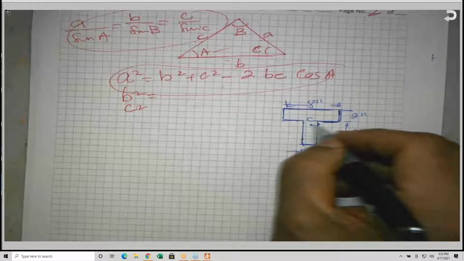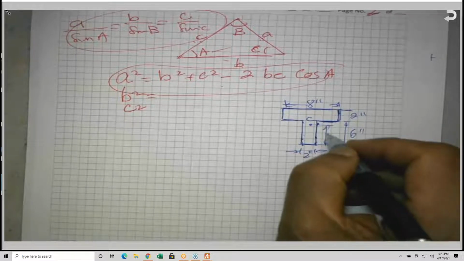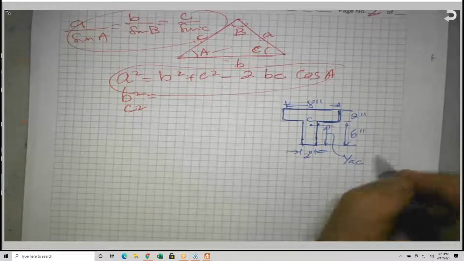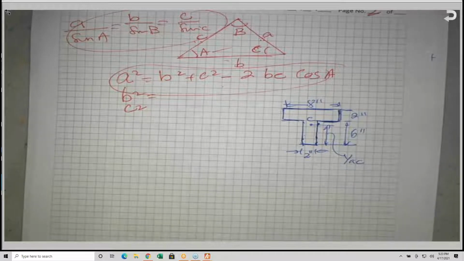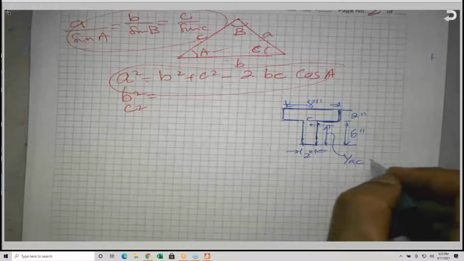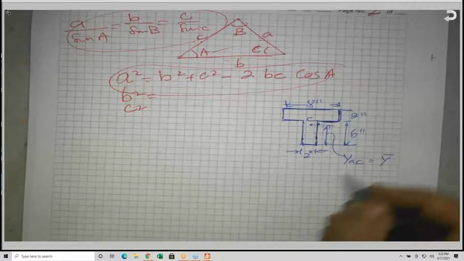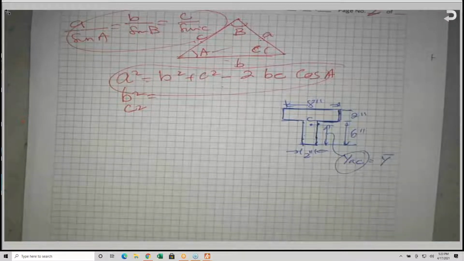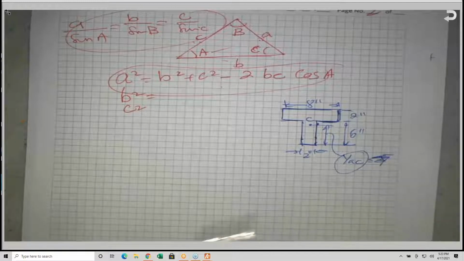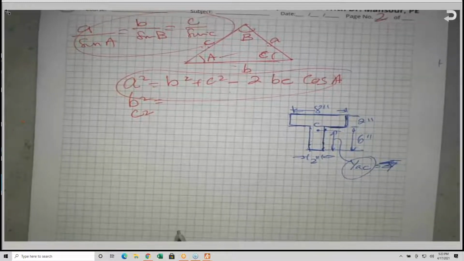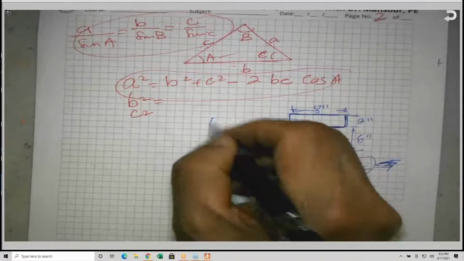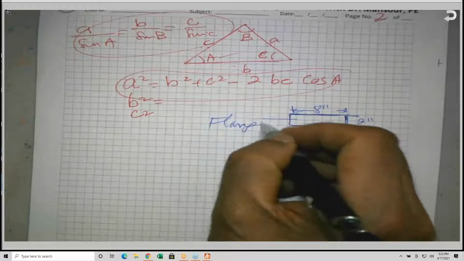The distance from here to here, this is what we call the y bar. But in the NCEES, they call it y AC. Okay, let's stick with that. So basically, as all of you know, this is a flange, and this is the web.